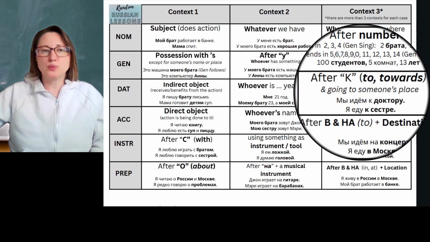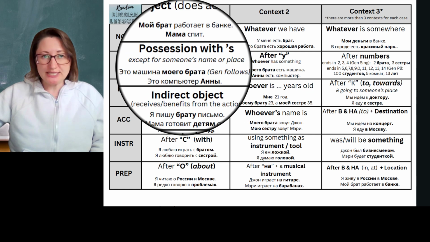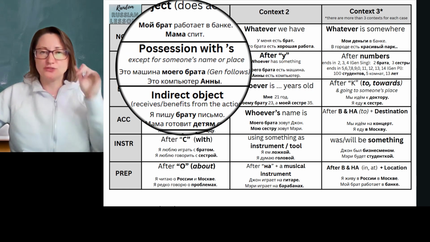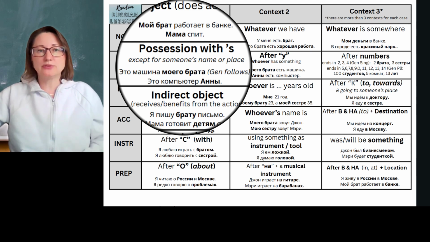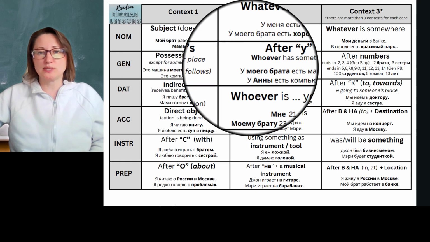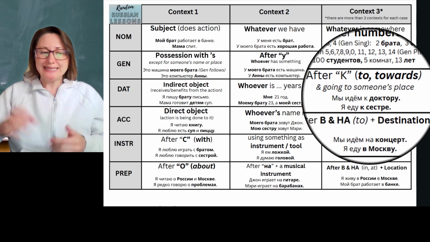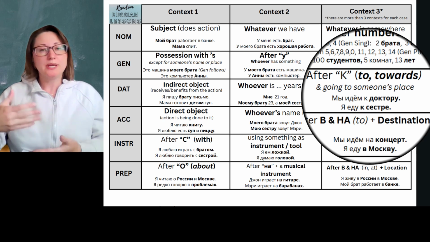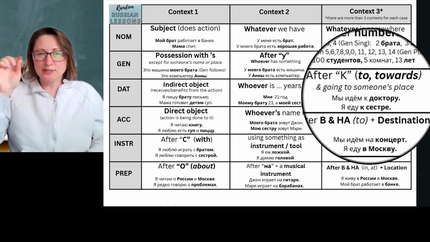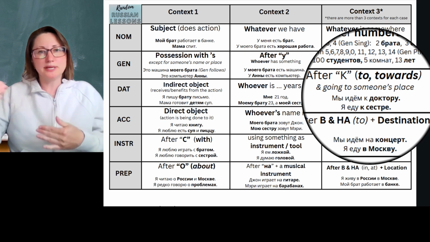Now, remember when we talked about genitive and we looked at possession with the apostrophe s, I said except for someone's name or someone's place. So right now we're going to look at this exception of someone's place. When in English you say, I'm going to somebody's place, you often say, I'm going to, and then the name of the person with an apostrophe s, implying the place.